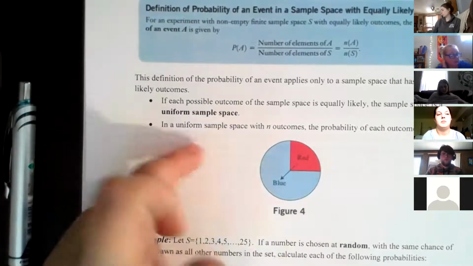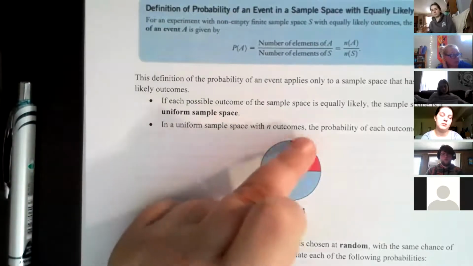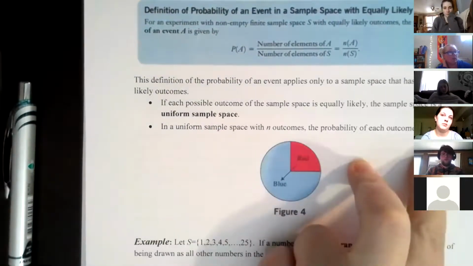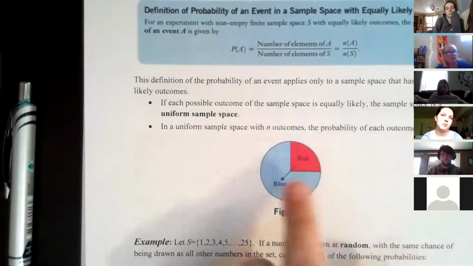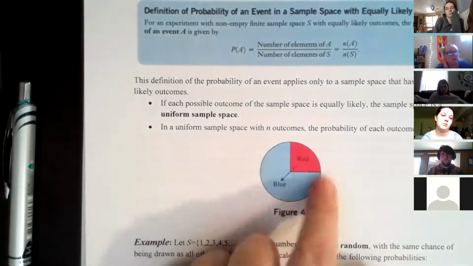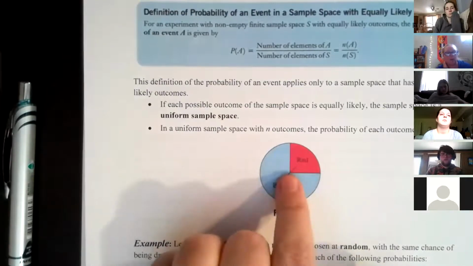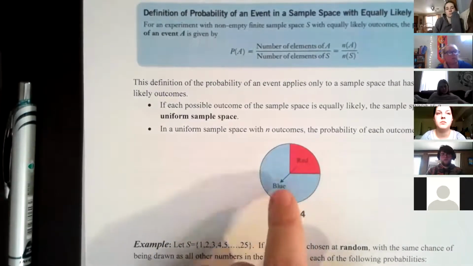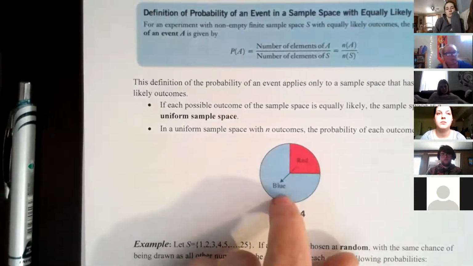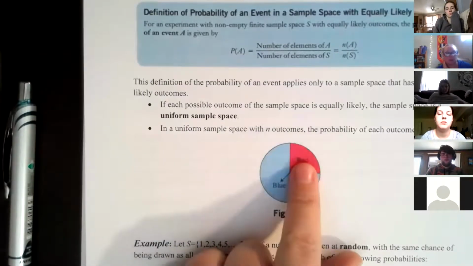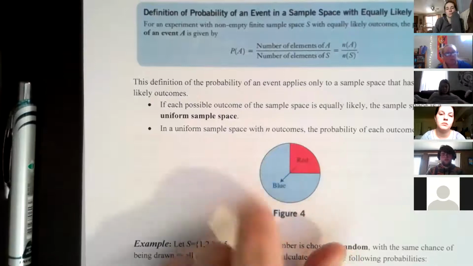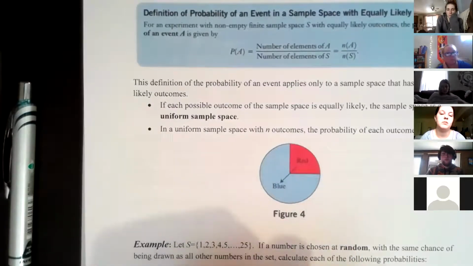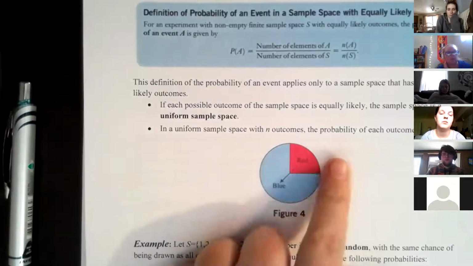In a uniform sample space, with n number of outcomes, the probability of each outcome is 1 over n. Here, this would not have a uniform outcome, right? Red is not as equally likely to happen as blue would, because only 1/4 of the time red would happen. 3/4 of the time blue happens. So here is not uniform.